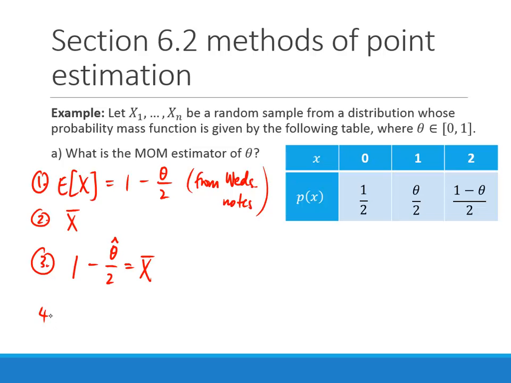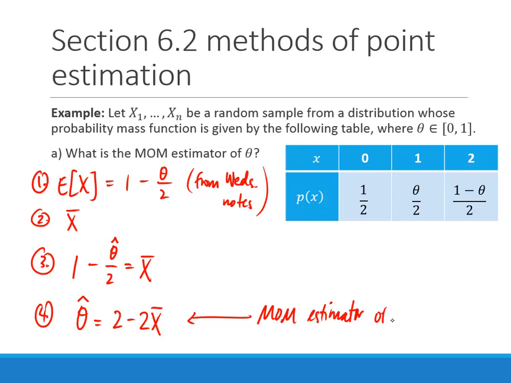And then we can solve this to get that theta hat is going to be equal to 2 minus 2 x bar. So this is my method of moments estimator of theta.